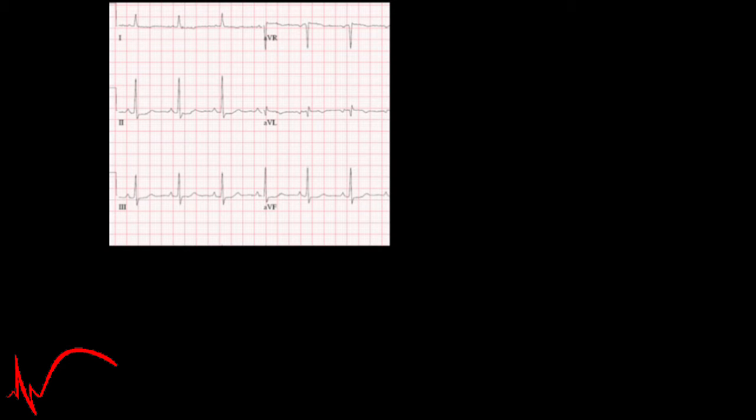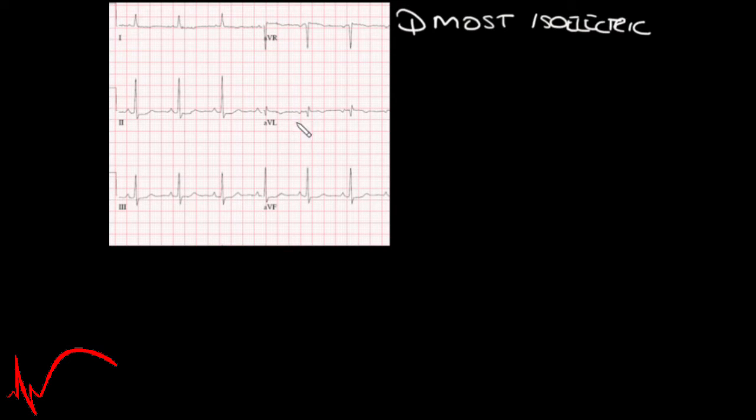Now the first step to calculating an axis is to look for the most isoelectric lead. What we mean when we say that is the lead whose deflections from the isoelectric baseline, i.e. the point of 0 voltage, is the most equal.